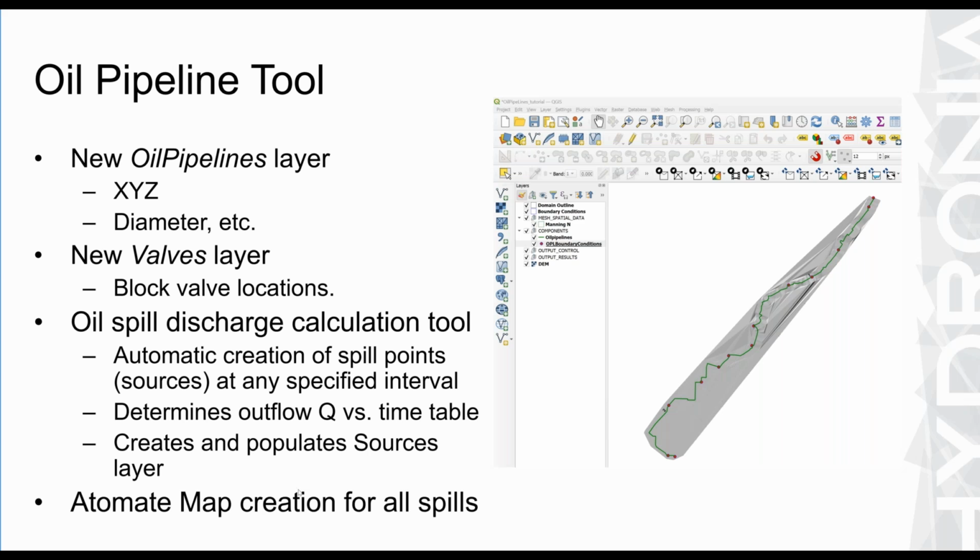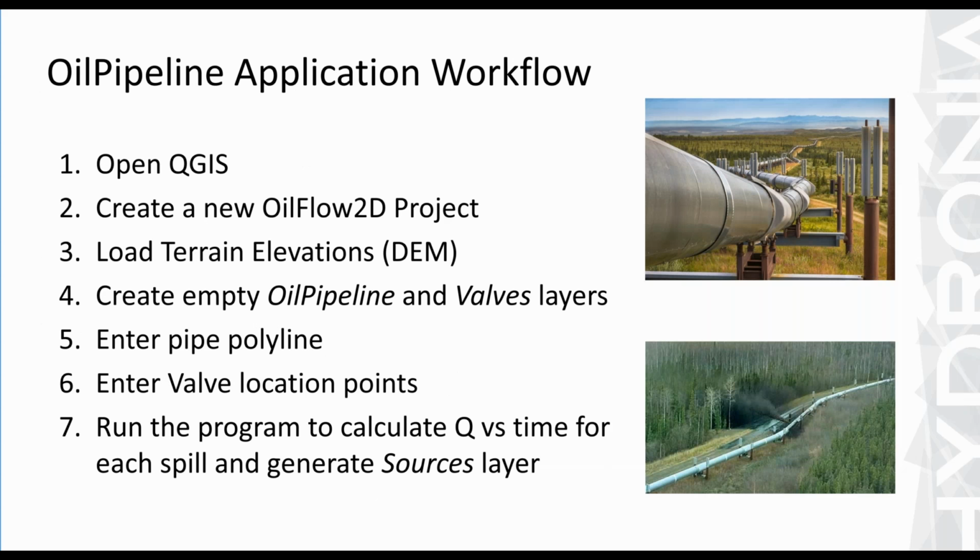So that is all included as tools within the oil pipeline tool. And then the post-processing tools automate the map creation, which was another source of difficulty or limitation in the previous versions. Now the workflow for an oil pipeline application is as follows.